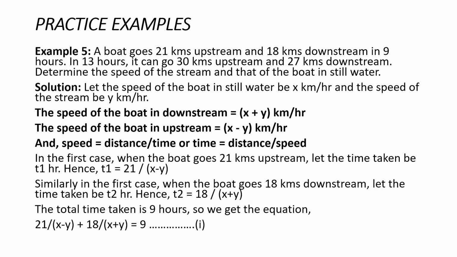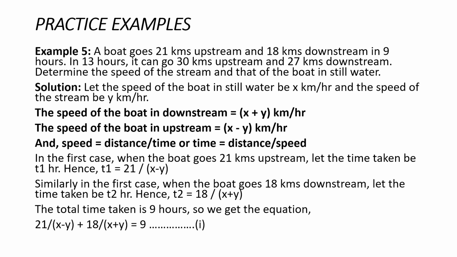Now, in the first case, when the boat goes 21 kilometers upstream, let the time taken be t1 hours. So time is distance upon speed. T1 is distance 21 upon speed x minus y because it is upstream. In the first case itself, when the boat goes 18 kilometers downstream, let the time taken be t2 hours.